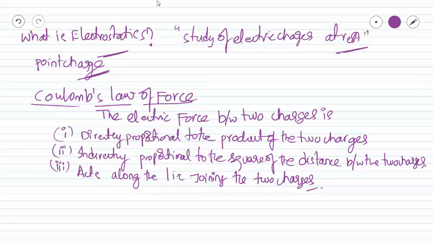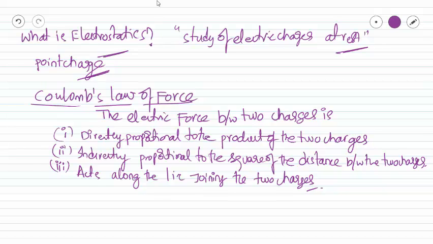If you have 2 charges and would like to know the electric force between them, each one of them may exert some force on the other, depending upon the types of charges. We already know that like charges will repel and different charges will attract.